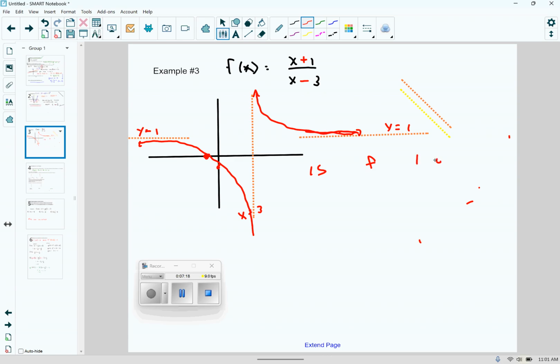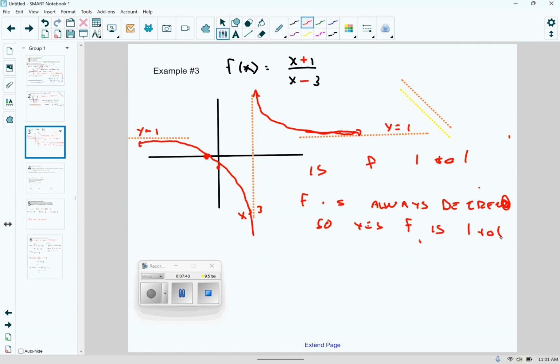And right away, yeah, because this graph is always decreasing. So f is always decreasing. So yes, f of x is 1-to-1.